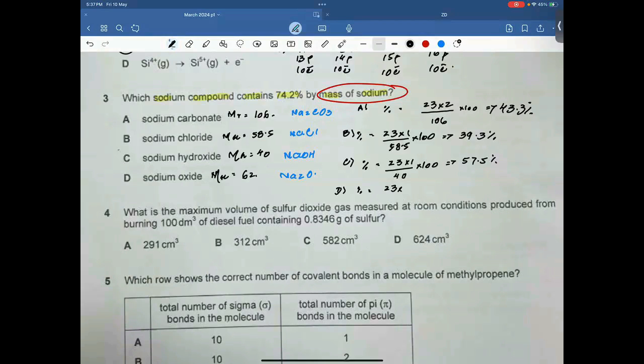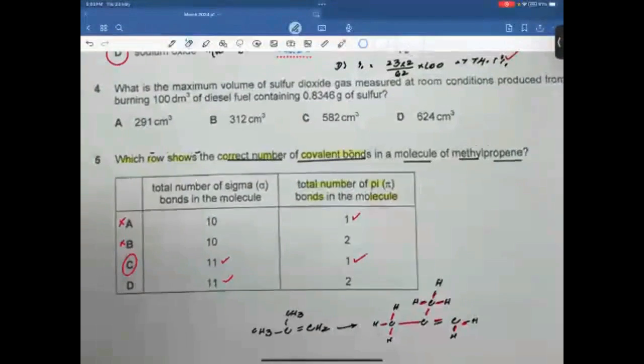We have 2 atoms in the formula, so 23 times 2 divided by the MR, which is 62, times 100. So it's going to be 74.1%, that is 74.2. So I believe D is going to be the right answer. Okay. Let's start question number 4.